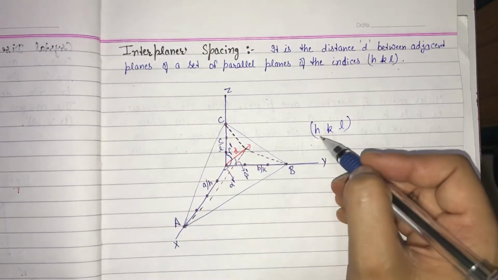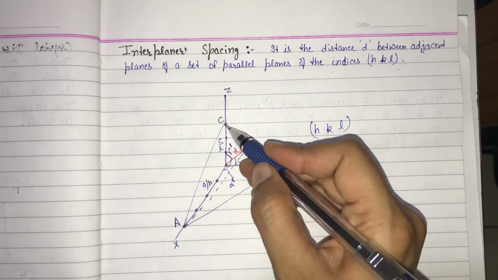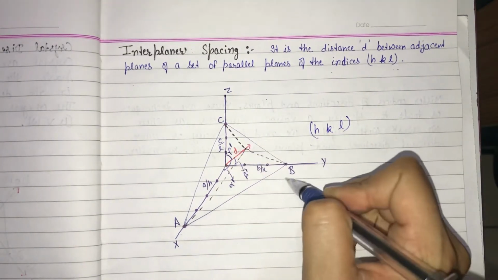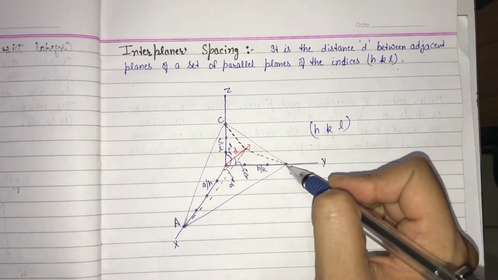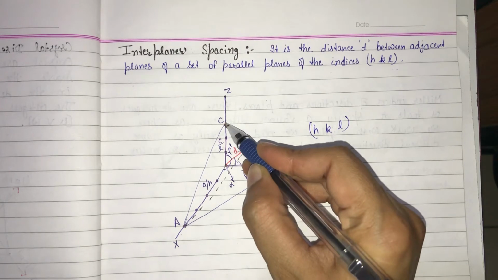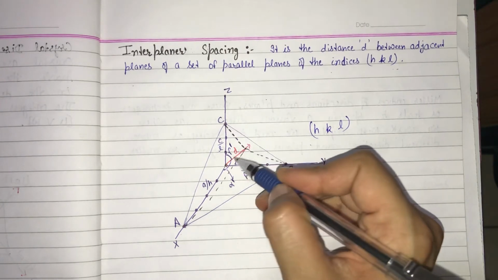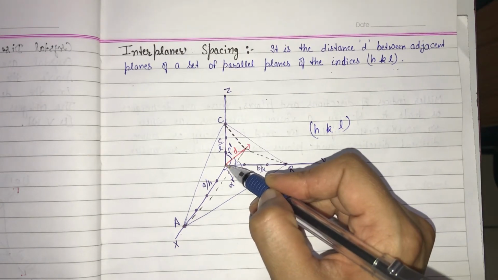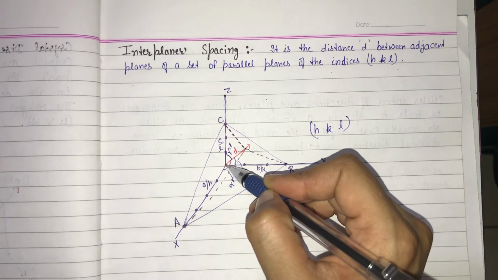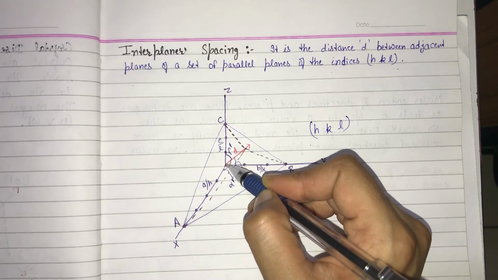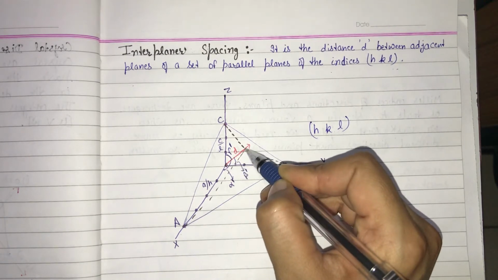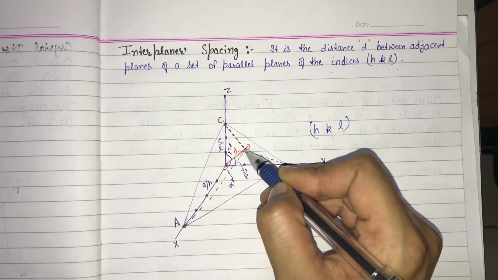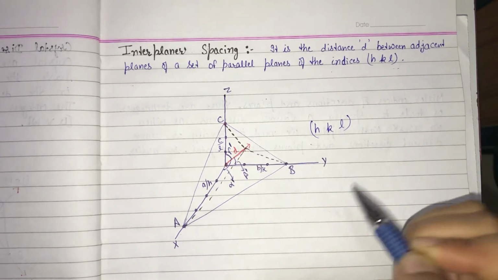The intercepts of this plane on the coordinate axes will be a by h, b by k and c by l. Clear? Now after drawing this plane, draw a perpendicular from the origin to this plane. This perpendicular distance d is called the interplanar spacing.